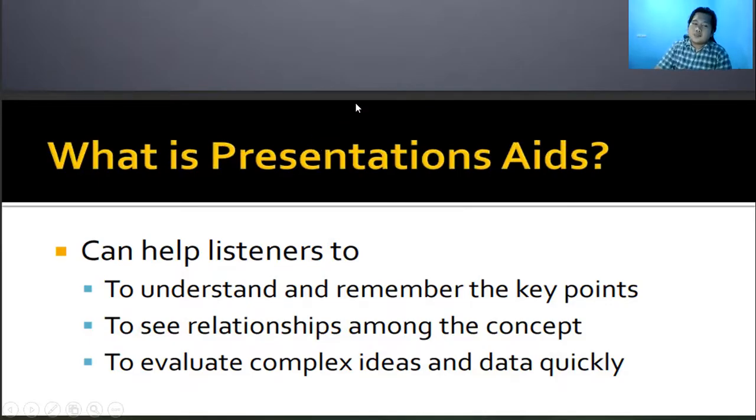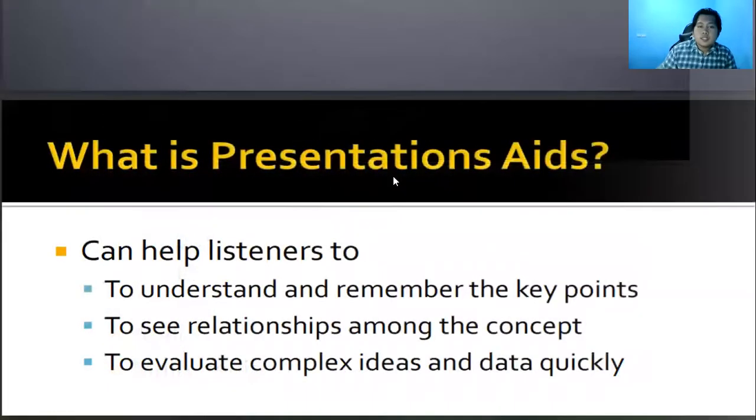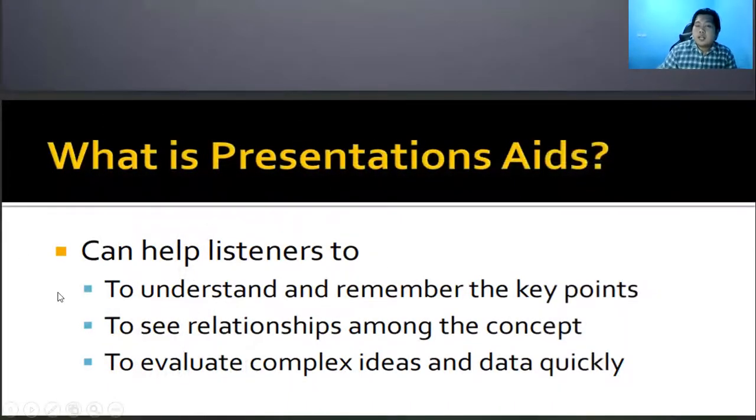These are some of the uses of a presentation aid or aids, to be exact. It helps you understand and remember the key points, just like this. These are the key points of my presentation here. And to see relationships among the concepts.